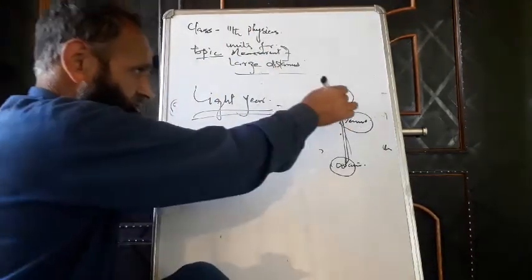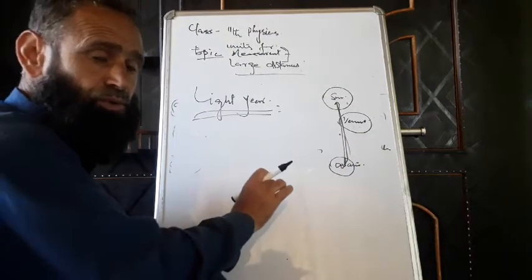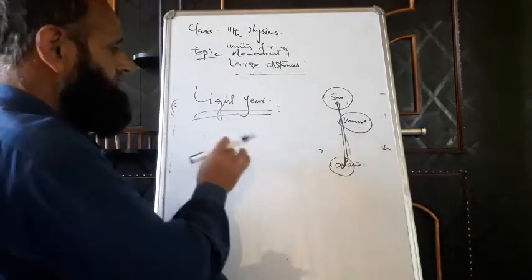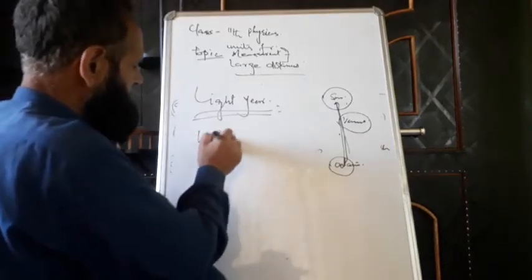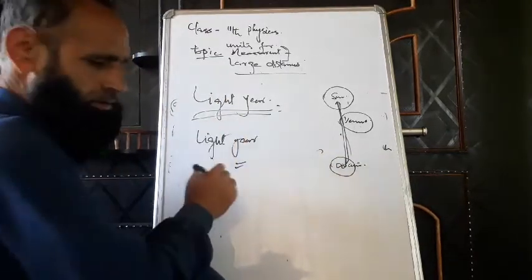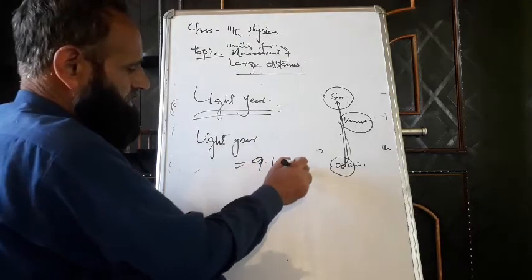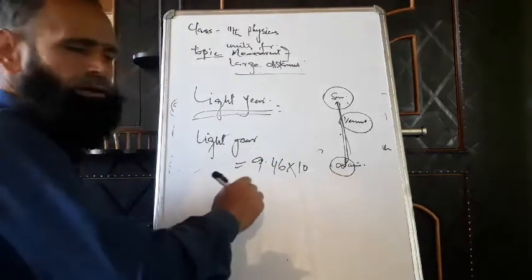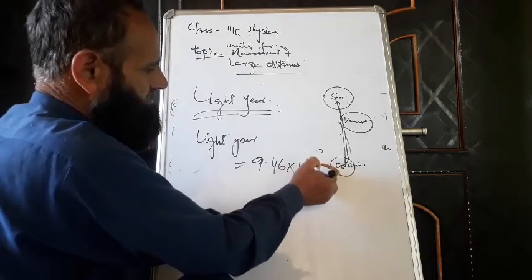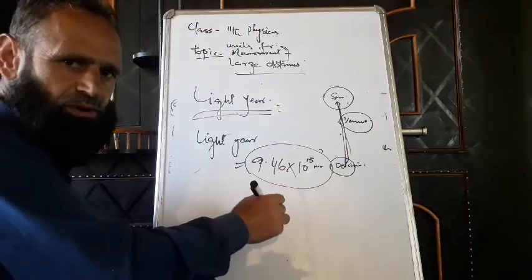The distance covered by the light in vacuum in 1 year is equal to a light year. That is equal to 9.46 into 10 raised to power 15 meters. It is 1 light year.